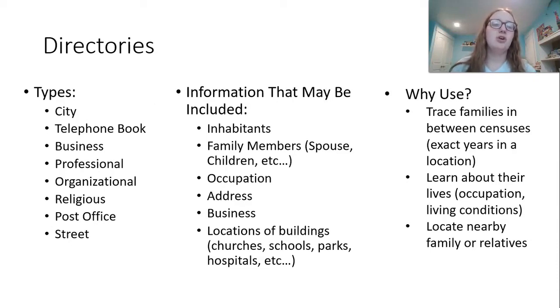So information that could be on these records are the inhabitants, the family members, and may list spouses and or children, the occupation of your ancestor, where they lived, and then businesses, and then locations of buildings. So you might know, oh, they lived right next door to the church, or the school was really far from their house, or they had a park really nearby. And so you can just learn what the location of different businesses, shops, and buildings were.